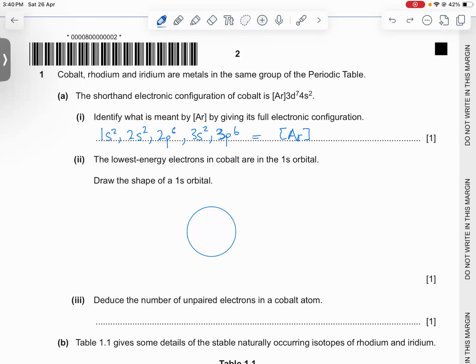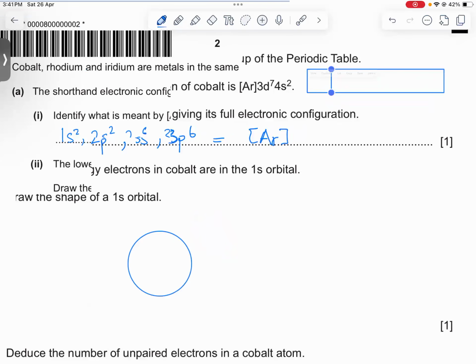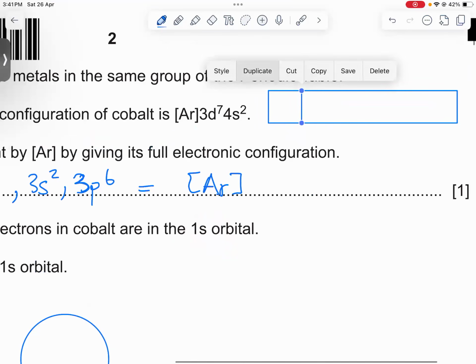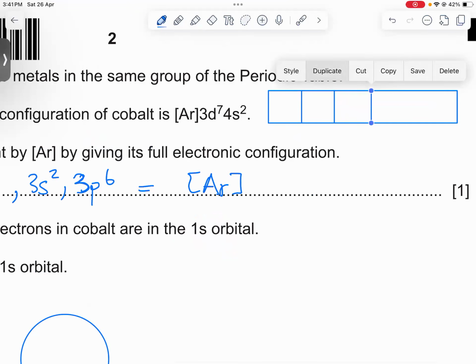Now the d subshell has 5 orbitals and can hold 10 electrons. It says 3d7, but 3d7 basically means that it has 7 electrons. So let's draw all the d orbitals, 1, 2, 3, 4, and 5.